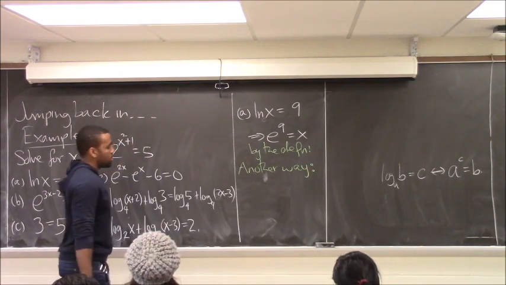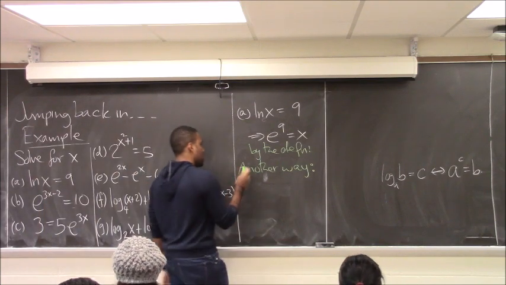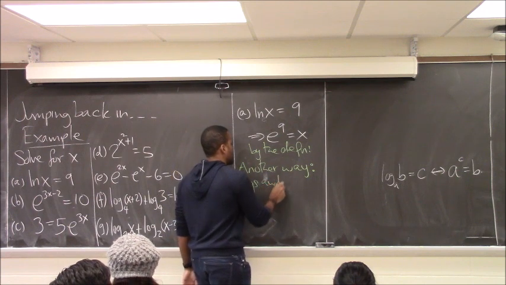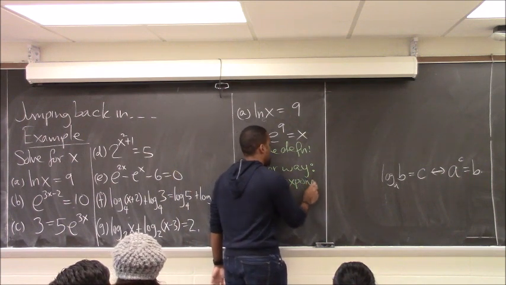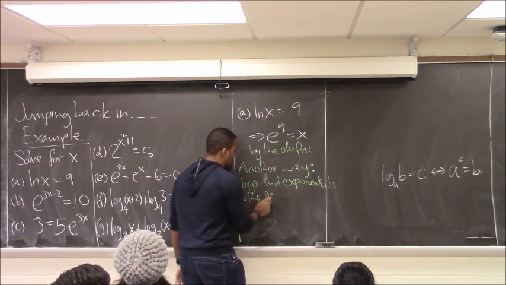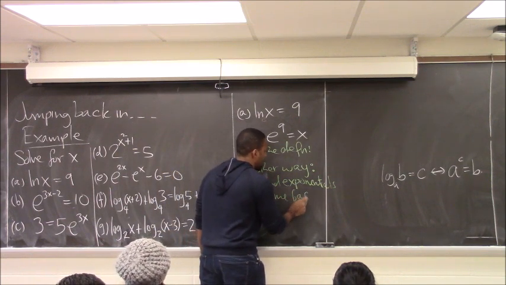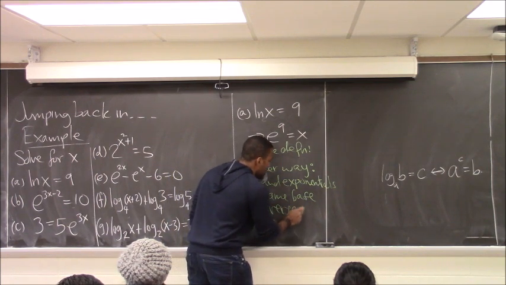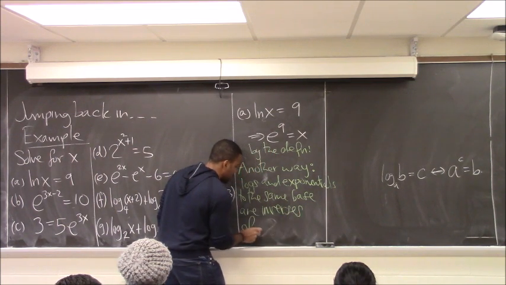Another way to look at this: remember that we discovered last time that logs and exponentials in the same base are inverses of each other, which means you can use one to cancel the other.